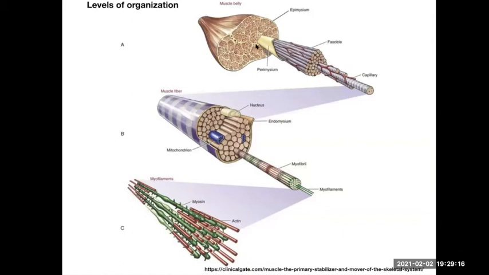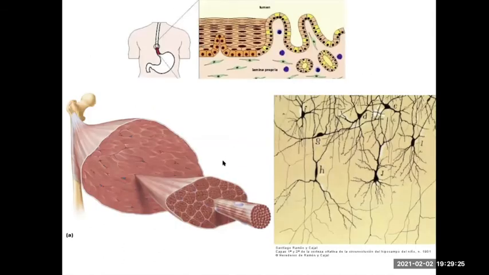And then that muscle tissue is all going to be combined together with other tissues to form the actual organ, right? So in this case, the muscle cell combines to form skeletal muscle tissue. And then you also have connective tissue, blood vessels, and nerves, right? They're all going to combine to form the organ, in this case, an individual muscle.